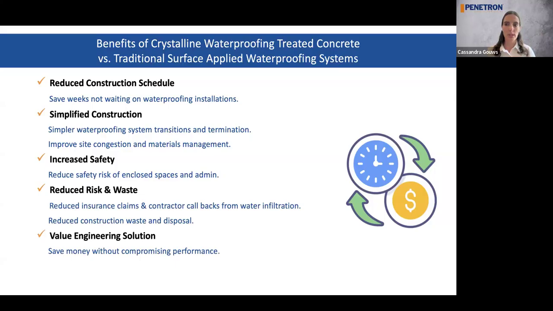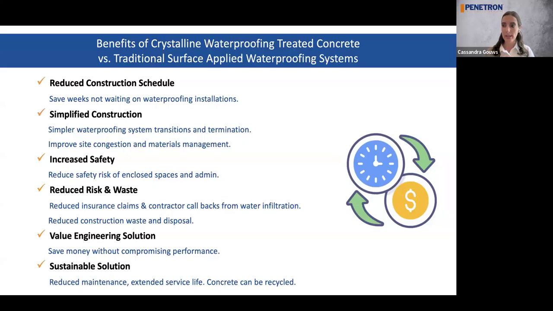And overall, the crystalline system is a value engineering solution. So value engineering means you're getting the same benefit, the same performance, but it is more economical. And it's more economical because we're taking away the labor component. And overall, it is a sustainable solution because you have a reduced amount of maintenance, an extended service life, and concrete with crystalline technology can be recycled.